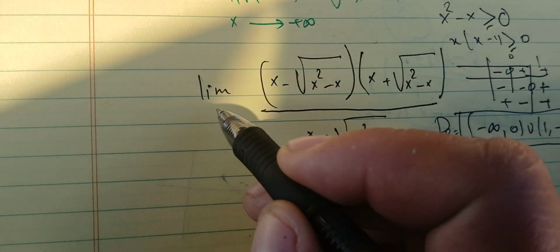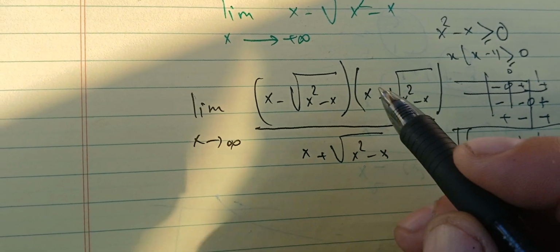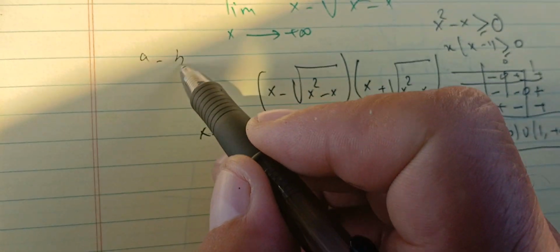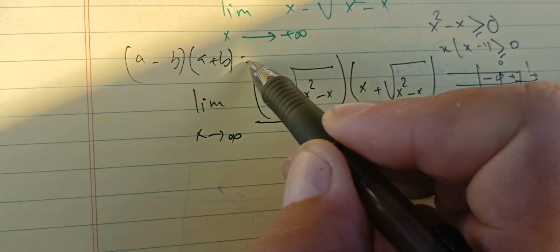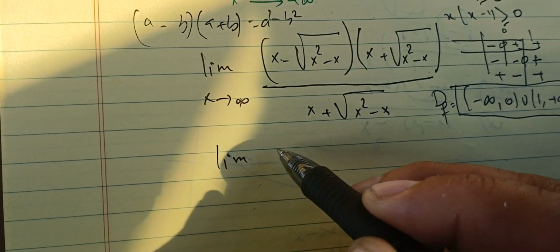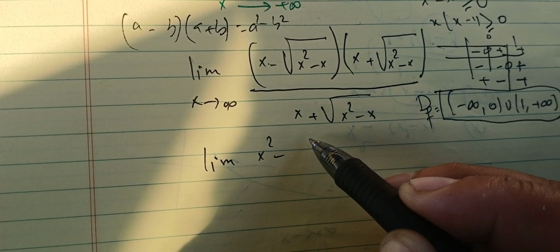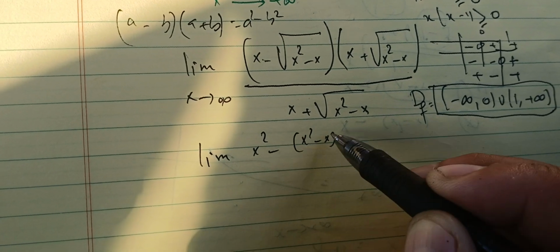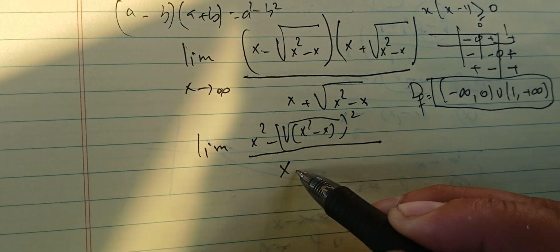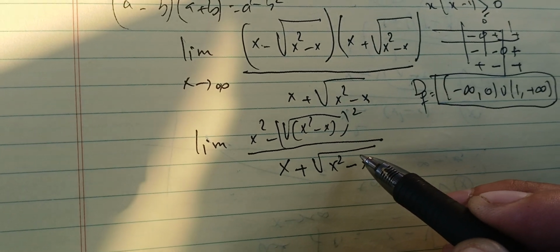Here now we multiply, remembering that we can treat x as a and the square root as b. So we have a minus b times a plus b, which is a squared minus b squared. Here we have x squared minus the square root of x squared minus x, squared, over x plus the square root of x squared minus x.